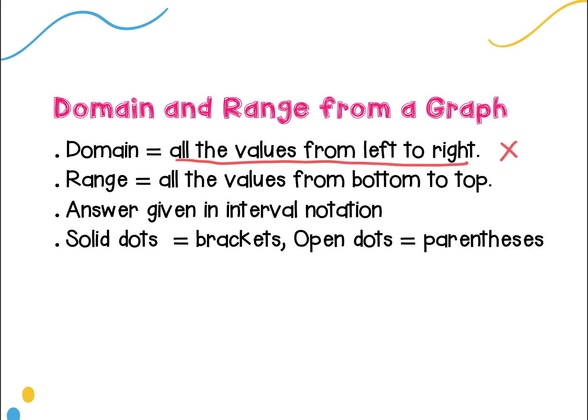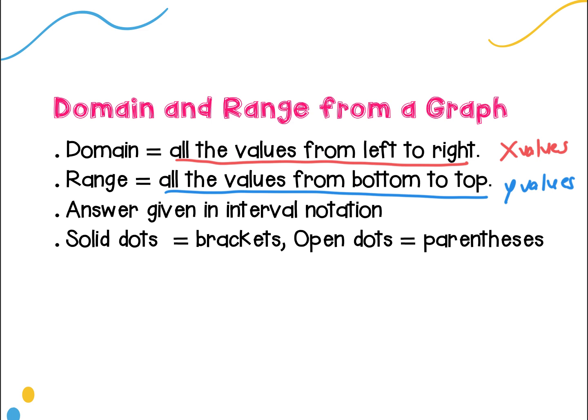This is your x values on a graph, and we read a graph from left to right, same way you read a book. Your range are all the values from the bottom to the top. So these are going to be on the y-axis, and you start low and you go up high. You always start bottom to top. So domain is left to right, and range is bottom to top.